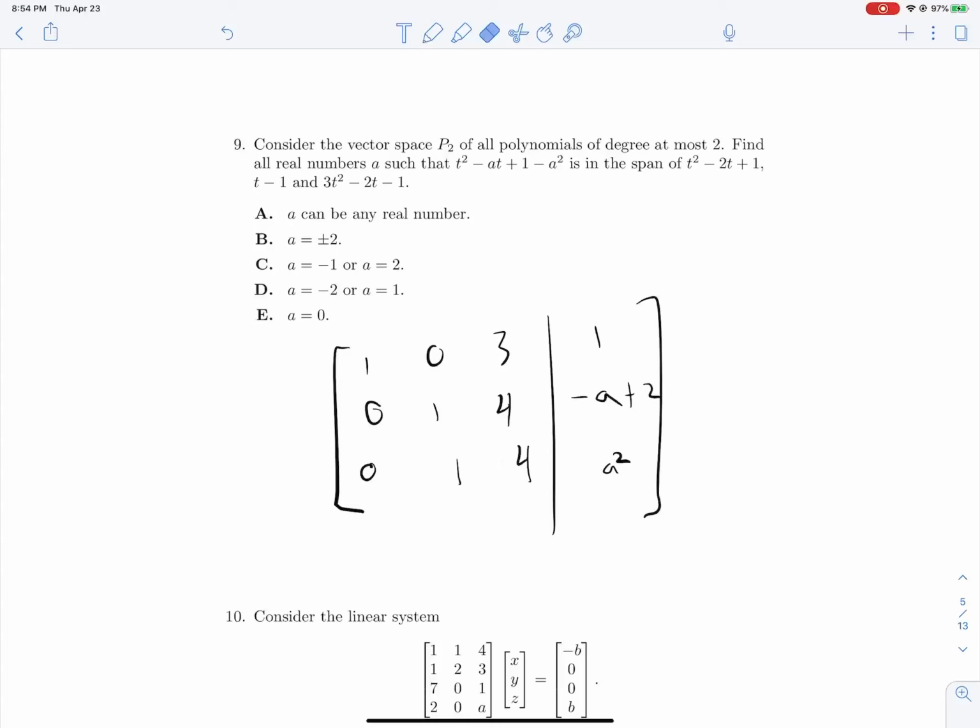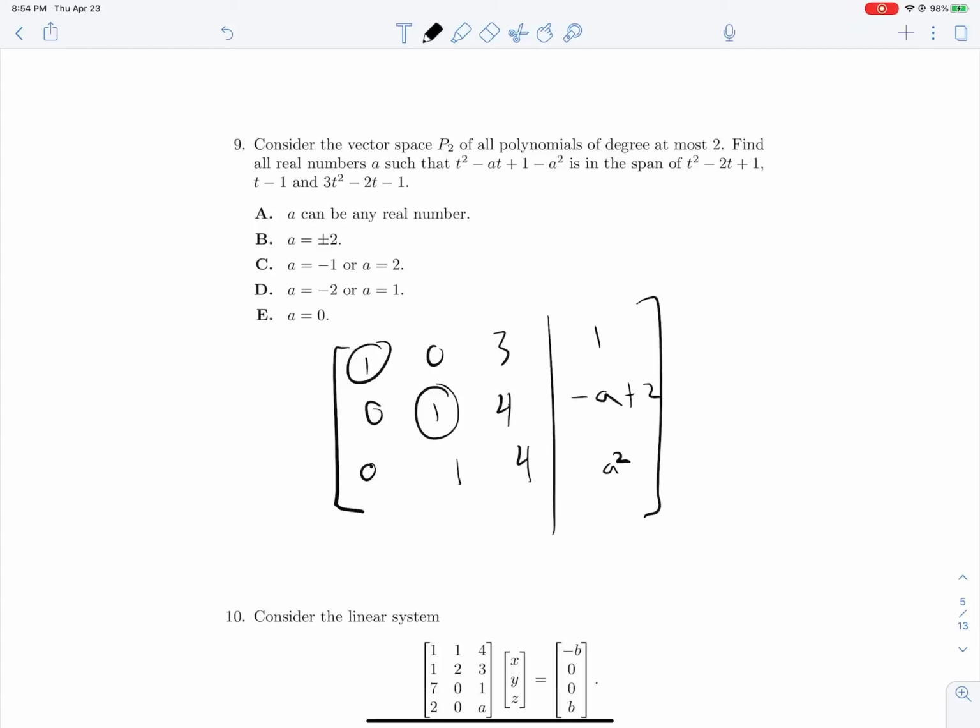Let's flip the sign of this bottom row, and we already have 2 pivots, but in order for us to have a third, oh, look, we are not going to have a third. Okay, that's interesting. I'm slightly wrong here.